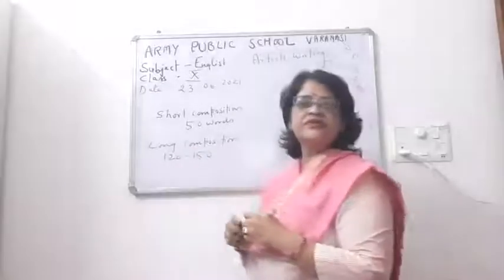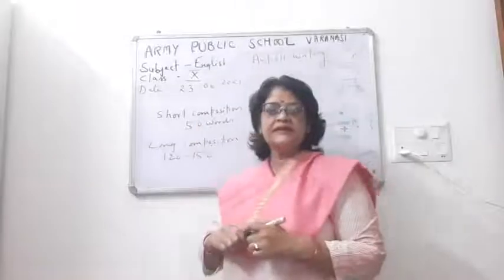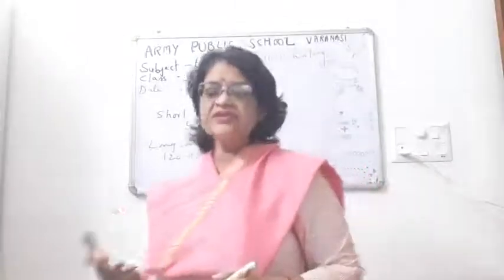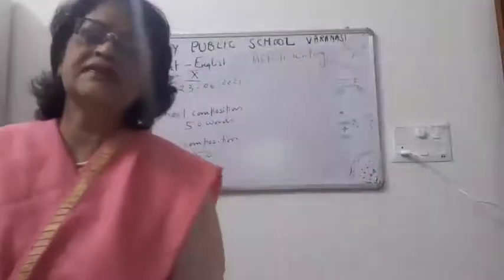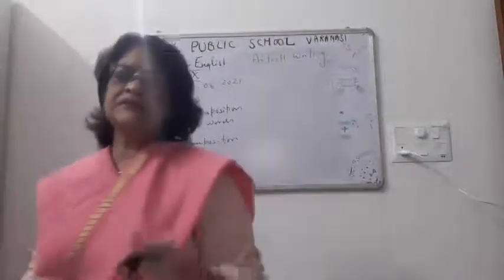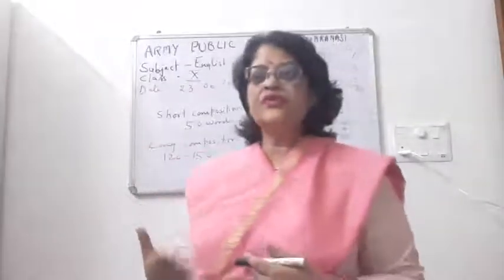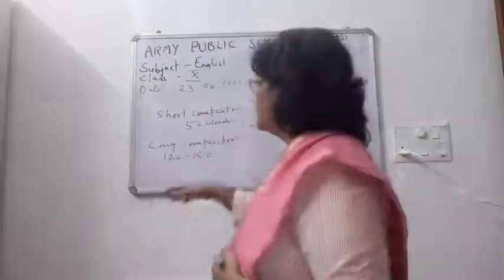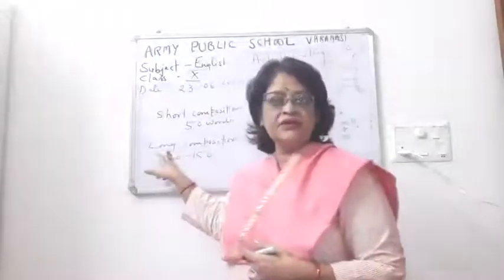In short composition, notice writing, poster writing, advertisement and message writing are there. But the article writing which we are doing now will come in the category of long composition.